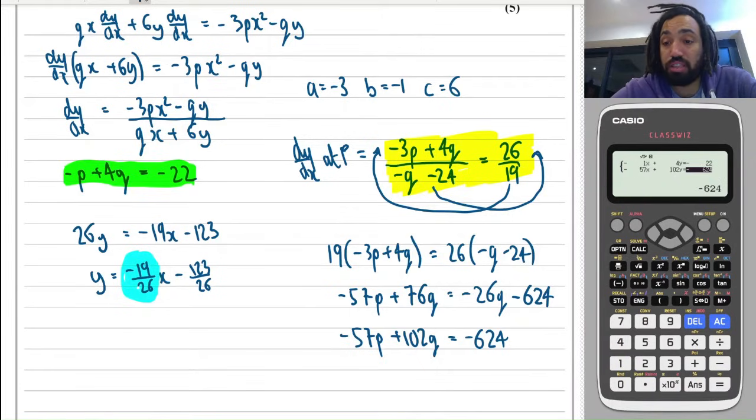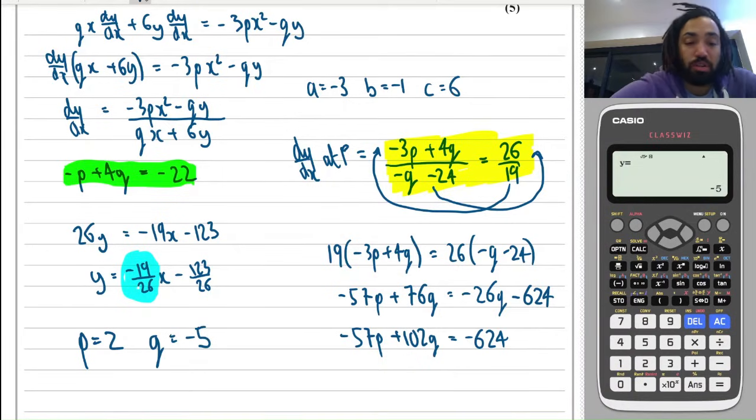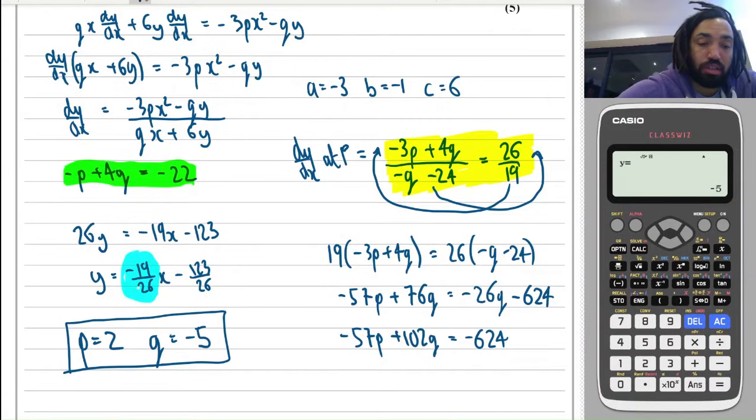I'm just praying these are going to be respectable numbers. Yes! Okay, so P equals 2, and because P was the X one, and Q equals minus 5. Beast question. Love that.